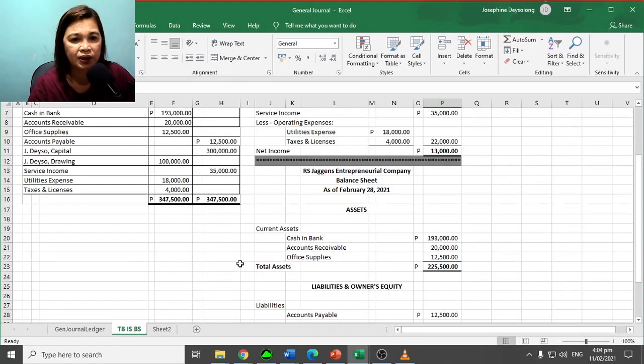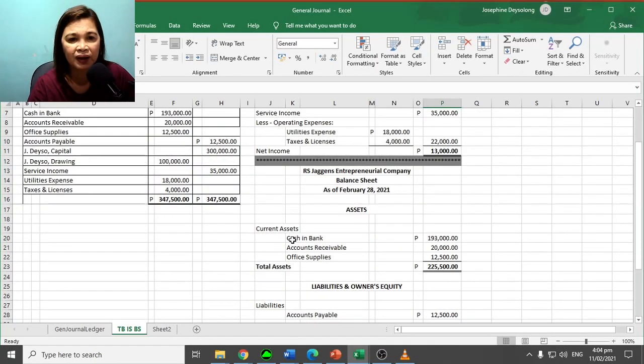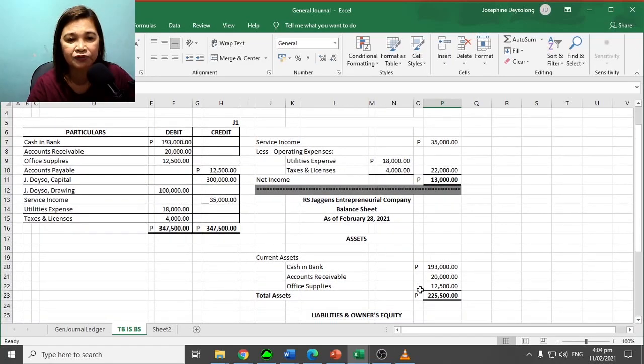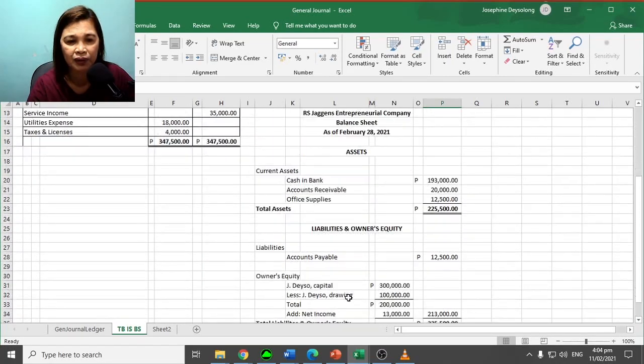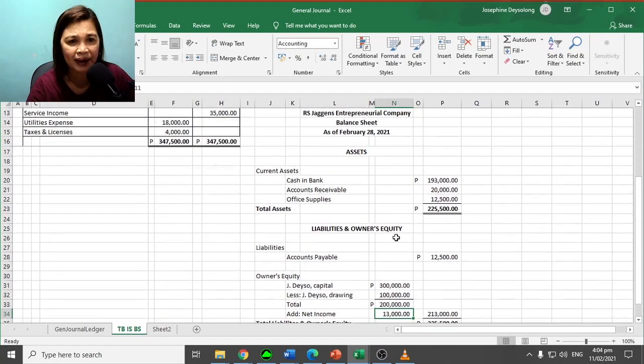And when we proceed to the trial balance, then it's so easy if you use Excel, so that, for example, your net income here, which is supposed to be added to the owner's equity, I just have here plus P11, which is P11 here.